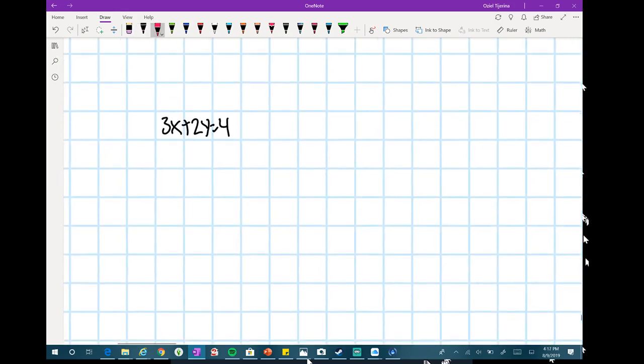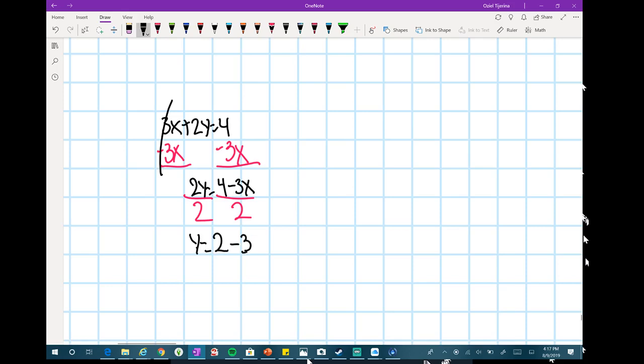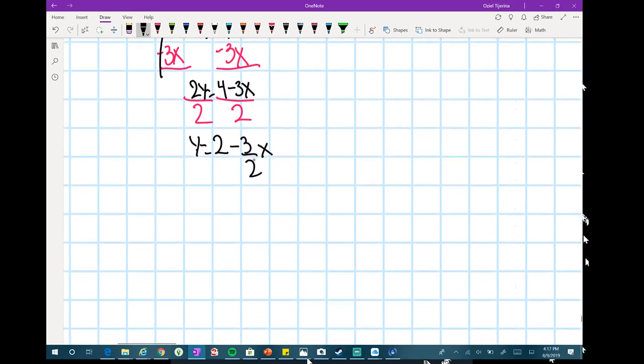You subtract 3x on each side, and you have 2y equals 4 minus 3x. Then you divide by 2, and you get y equals 2 minus 3 halves x. You want to switch that into mx plus b, so you have y equals negative 3 halves x plus 2.